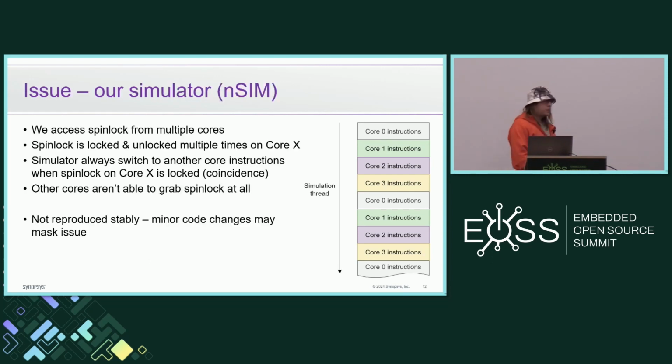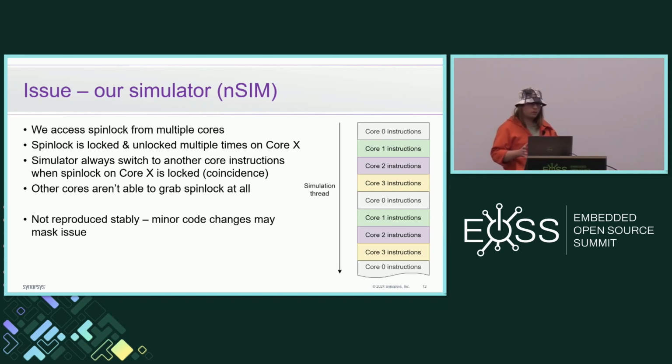So what was the issue we were bumping into? We had one spinlock which we were accessing from multiple cores. It could be any spinlock in our application, but in the issue we bumped into, it was just the scheduler spinlock from Zephyr itself. The spinlock was locked and unlocked multiple times when we executed instructions from one core.